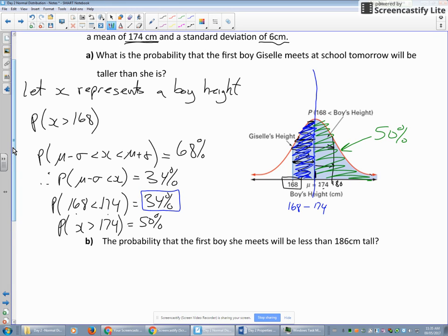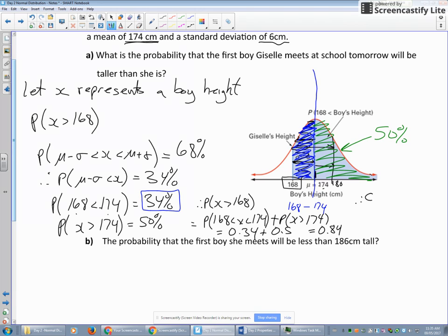So now we can say the probability of finding a boy that is greater than 168 is going to be the probability of finding a boy that's 168 up to 174, plus the probability of finding a boy that's greater than 174. And we've calculated that. We said there's a 34% chance that they're between 168 centimeters and 174 centimeters, and a 50% chance that they're greater than 174 centimeters. Giselle has an 84% chance of finding a boy taller than she is.